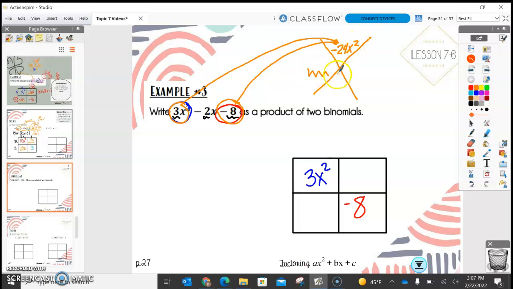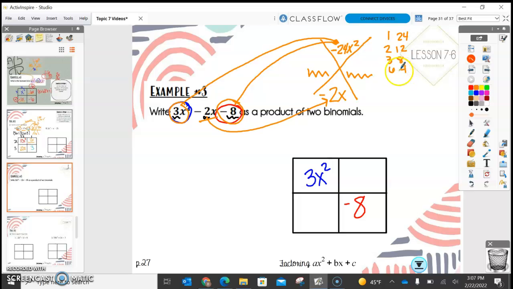Now I want to find two things that will also add to this middle term, the negative 2x. That comes from just this middle guy. Middle is always at the bottom. Well, things that multiply to 24: 1 and 24, 2 and 12, 3 and 8, or 6 and 4.